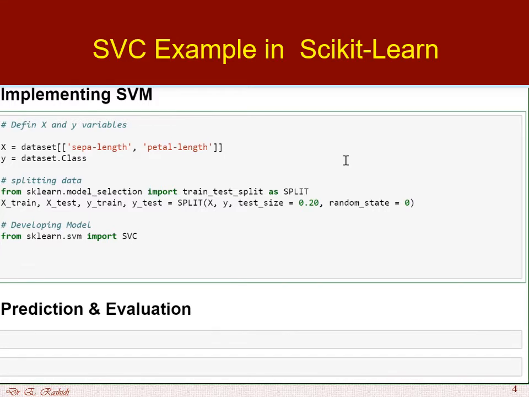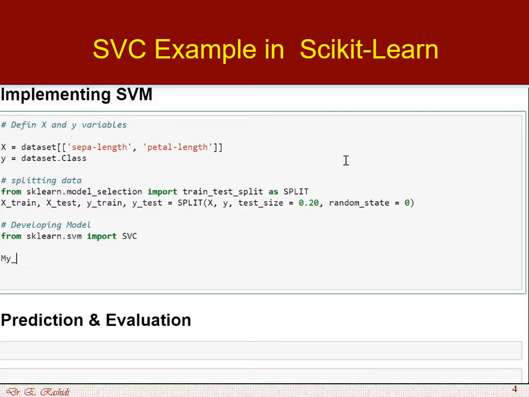Okay, and then I'm going to make a copy of my SVC, and we can specify the parameter that we need. So right now we're going to only specify the kernel function. I'm going to specify the kernel function as linear, because a linear line would work here.